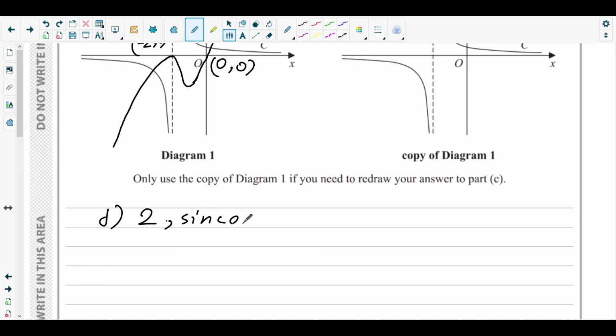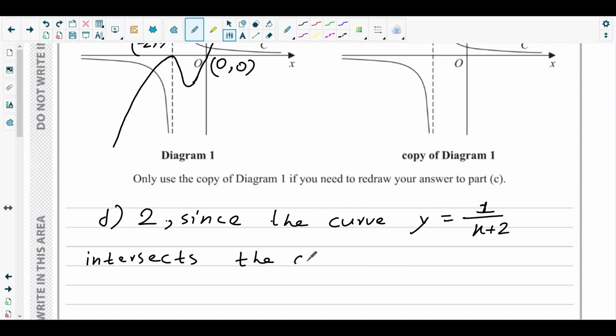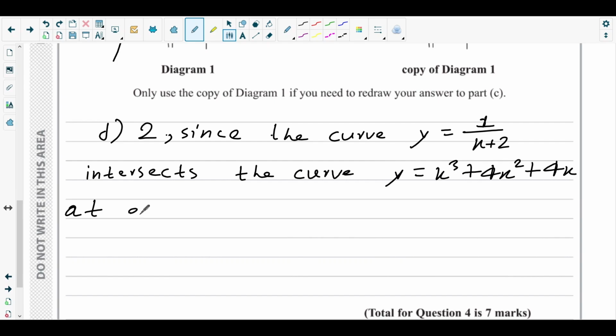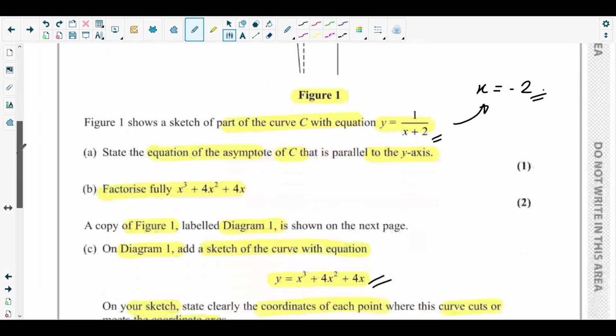Since the curve y equals 1 over x plus 2 intersects the cubic curve y equals x cubed plus 4x squared plus 4x at exactly 2 points, that's why there are 2 real roots to the given equation.